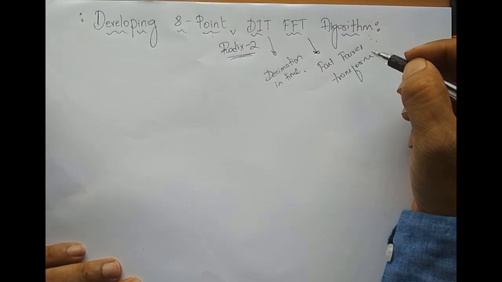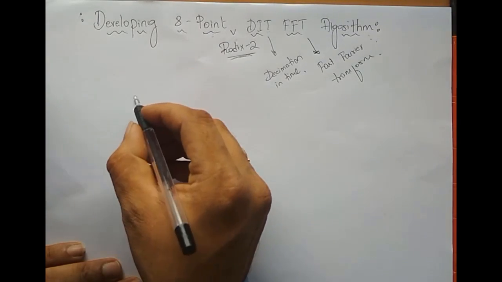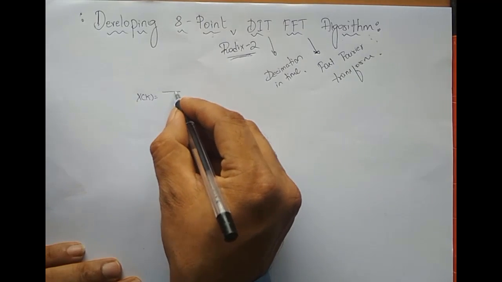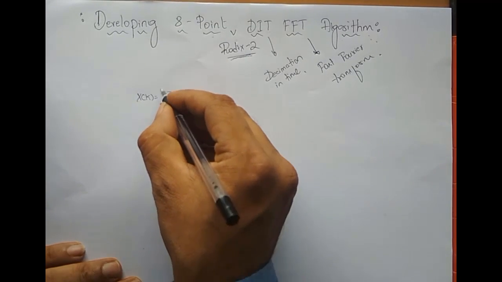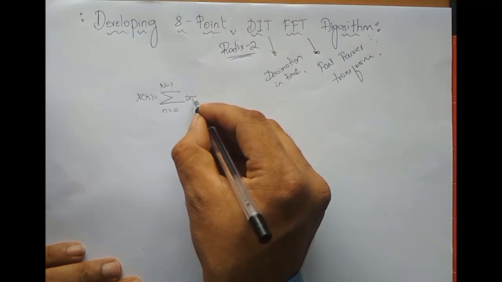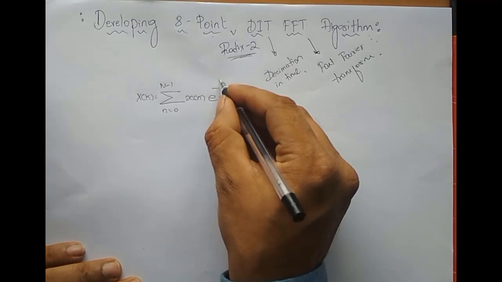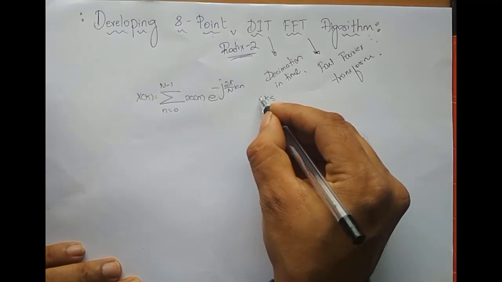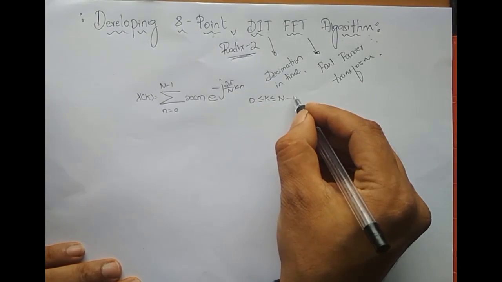The thing is finding DFT using the formula. What is the formula to find DFT? It is X of k equals summation n varying from 0 to N minus 1 x of n e power minus j 2 pi by N into kn, where k is varying from 0 to N minus 1.